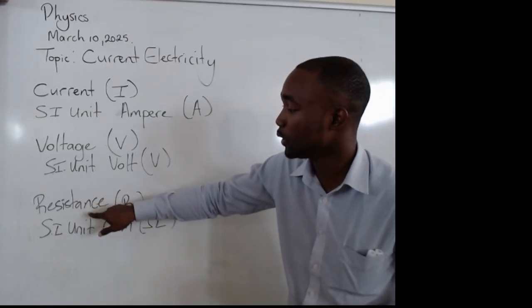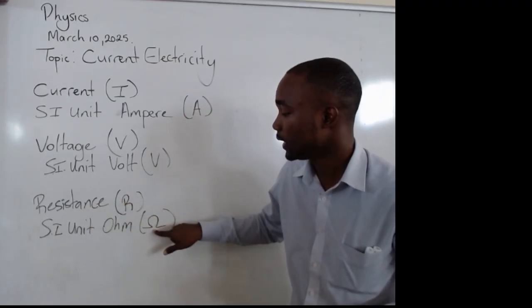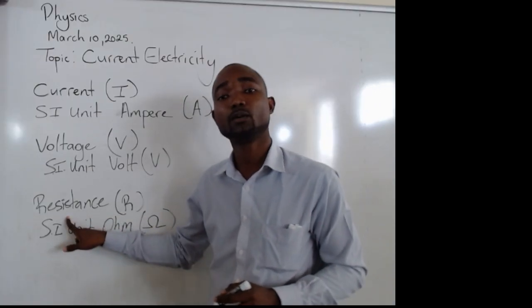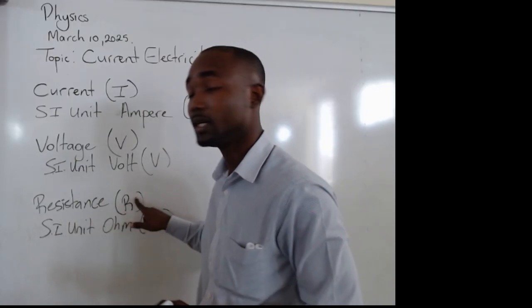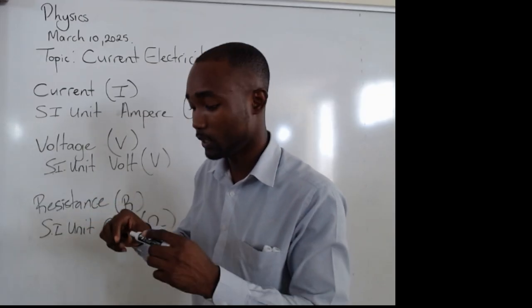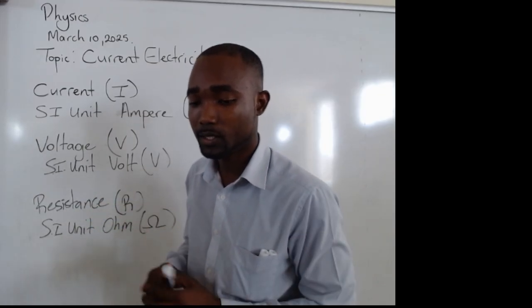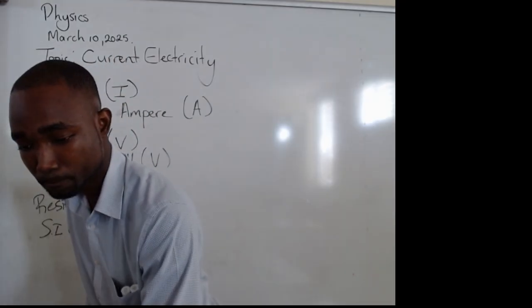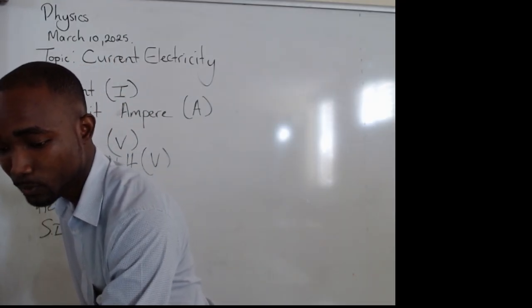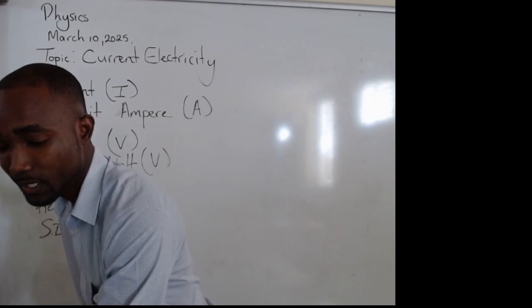The unit for resistance is ohm, and its symbol is omega. If you don't want to write the word resistance, you can write capital R, sometimes a common R, depending on what you're doing. Now, let's look at a question, and you can do this also in your book, so you can pause the video and do it in your book.